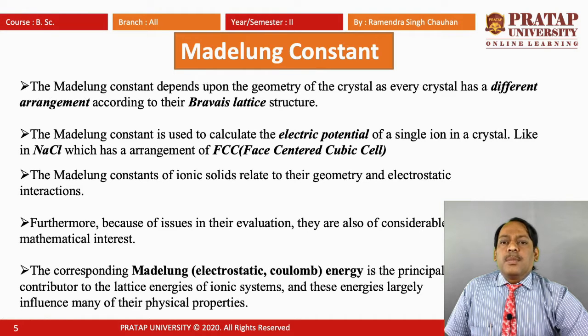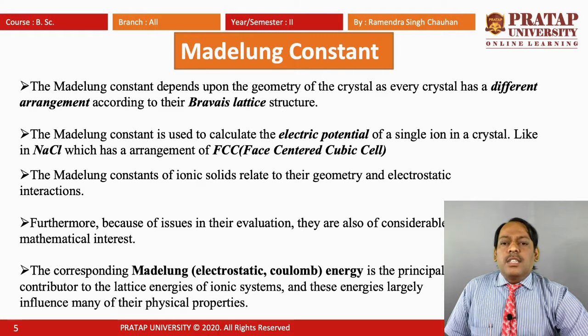The Madelung constant depends upon the geometry of the crystal, as every crystal has a different arrangement according to its lattice structure. So the Madelung constant depends on this structure and arrangement. It is used to calculate the electric potential of a single ion in a crystal, like in NaCl, sodium chloride, which has an FCC arrangement, that is face centered cubic cell.